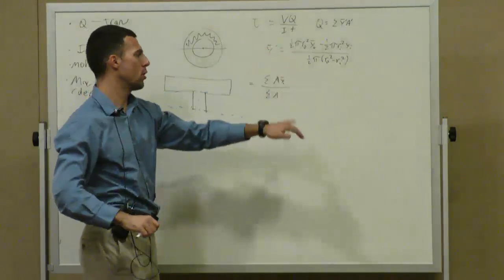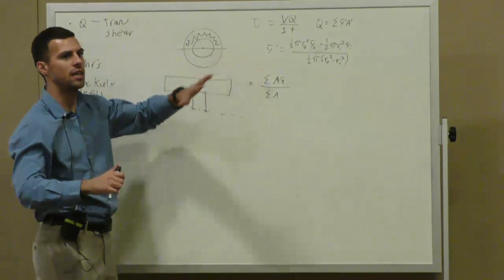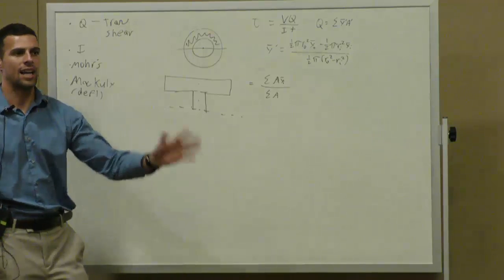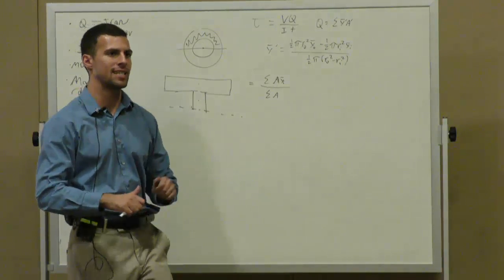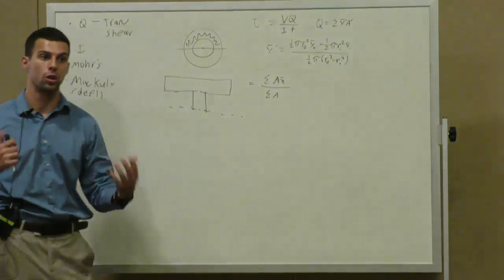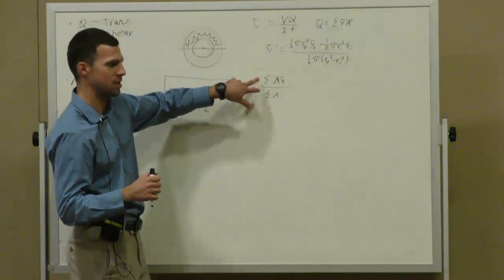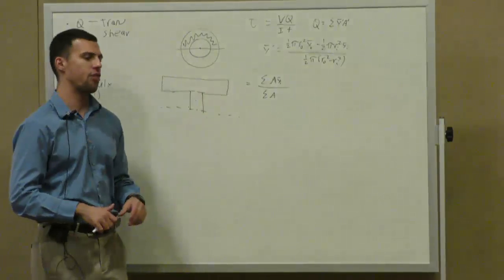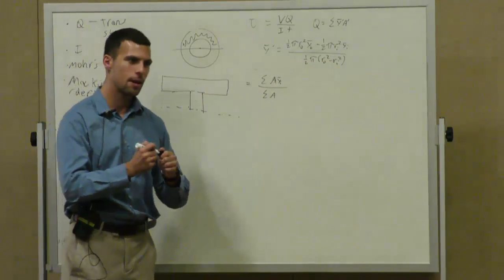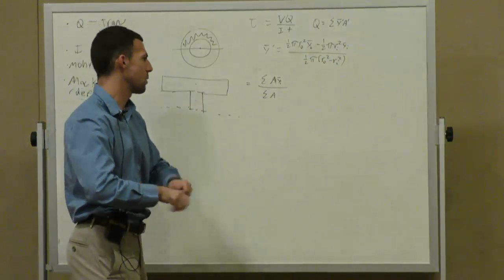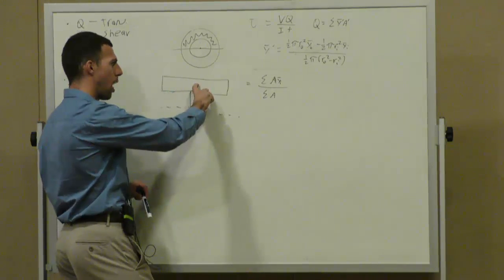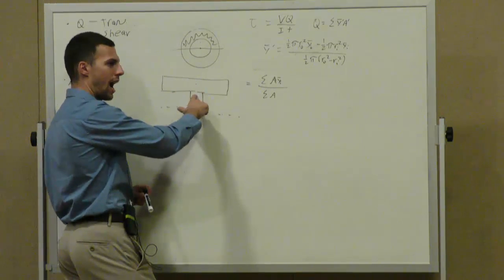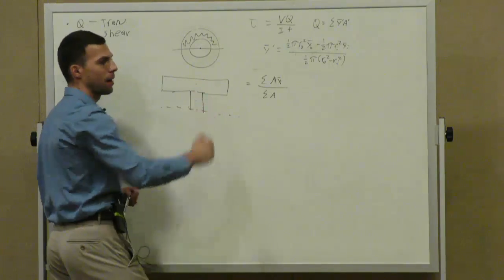Right, because you have to do it in this form. I kind of lied to you before. Y bar prime is not directly subject to the law of superposition. It's this summation thing. In this case, you take the area of this guy times his y bar plus the area of this guy times his y bar, all divided by the sum of the areas.